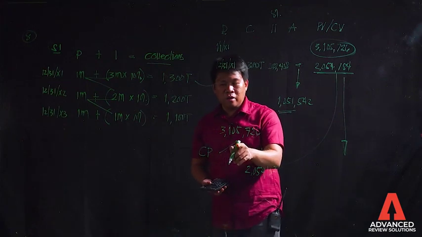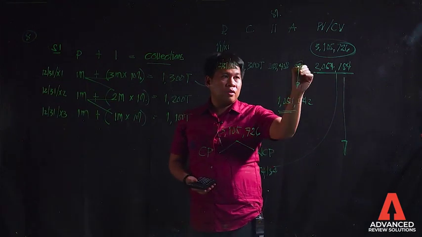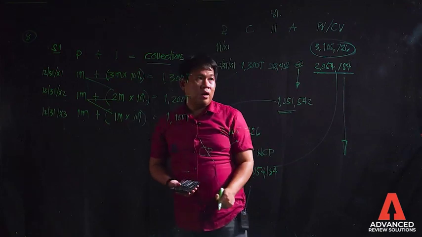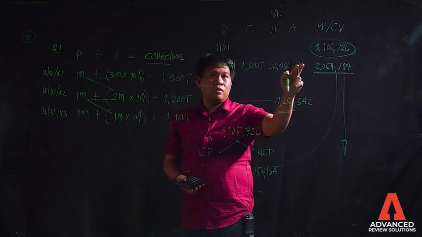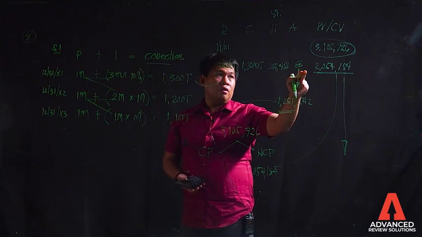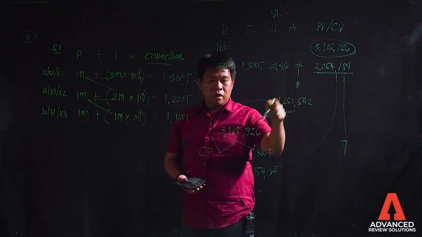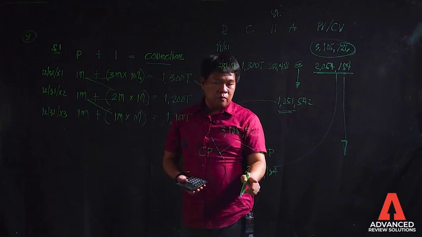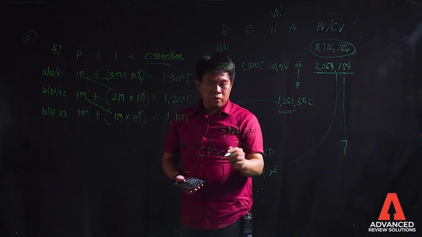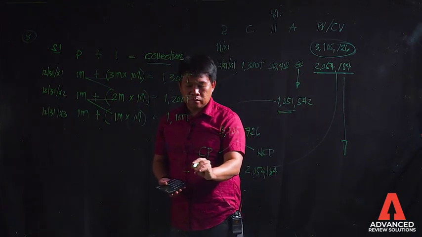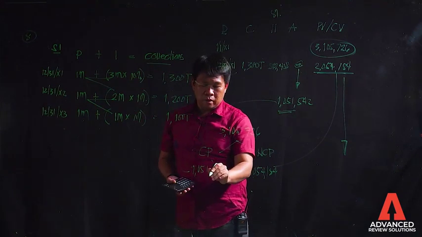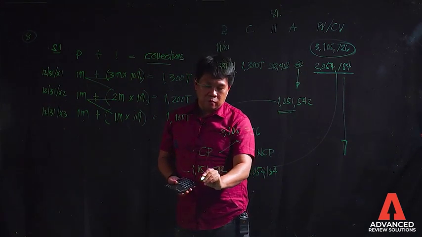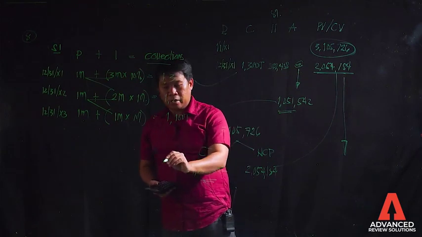And the current portion of that, ito po yung amortization na yan. Yan po ang current portion or the amount na i-consider within the year. Okay? So, 3,105,726, the non-current portion of this. So, the current portion is 1,051,542. Ito po yung sagot natin sa item 8.